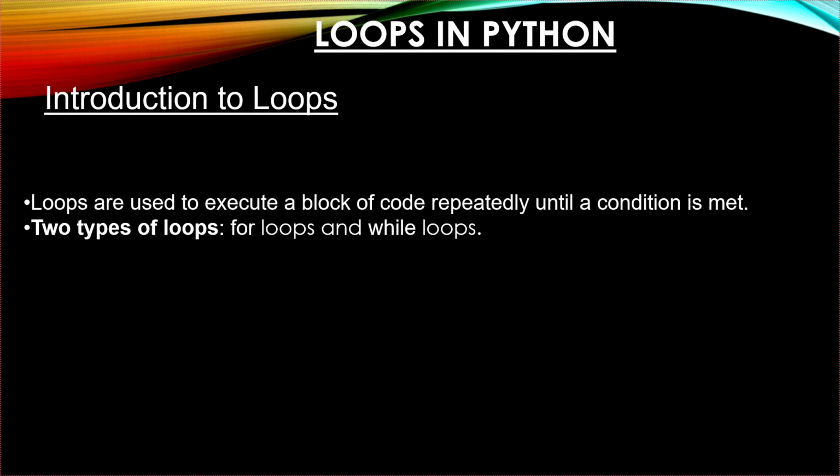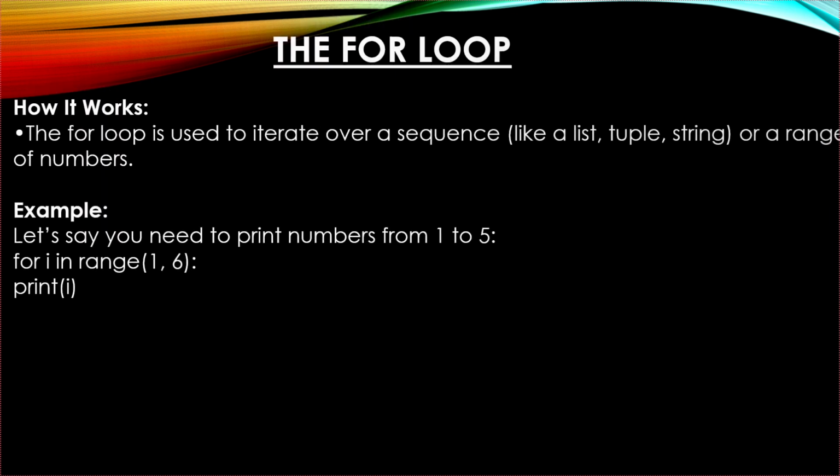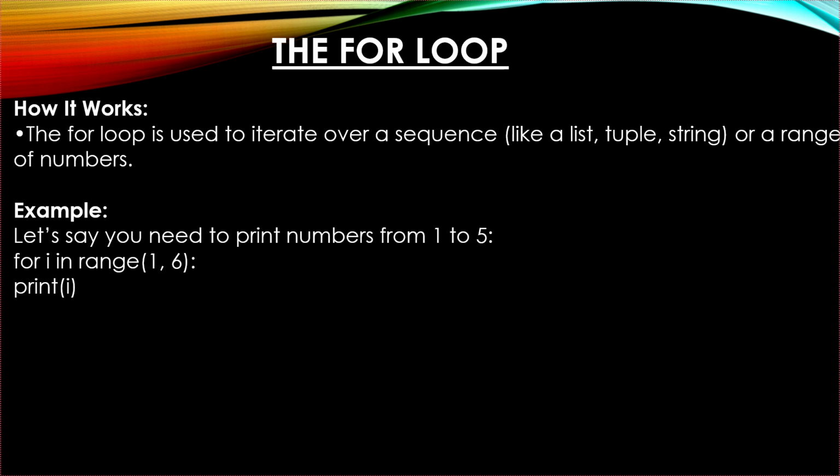So there are two kinds of loop. First is the for loop and second is the while loop. The for loop is used to iterate over a sequence, like a list or tuple, as we studied in the previous videos, that lists are mutable and tuples are immutable data types.